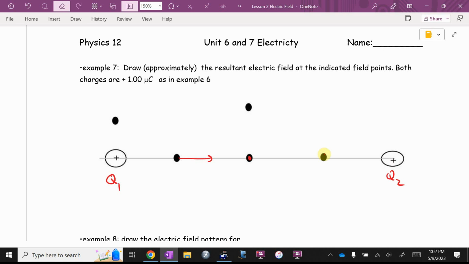What about on the right-hand side over here? I think we can make the same argument. The net field right there would be that way. Ooh, what about up here in the middle? Well, which way would a positive want to move because of Q1? Don't write this down, just watch. That way, yes? Which way would a positive want to move because of Q2?